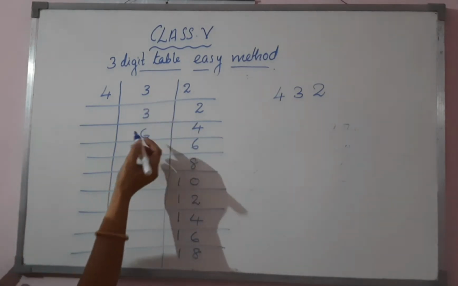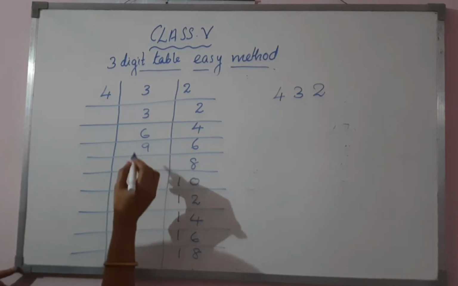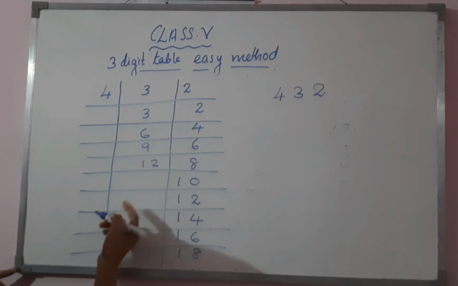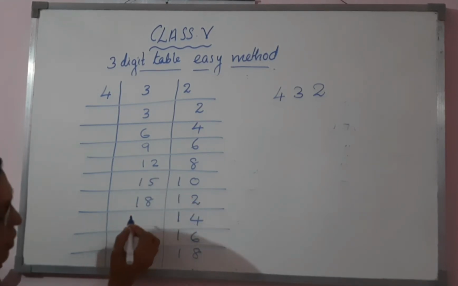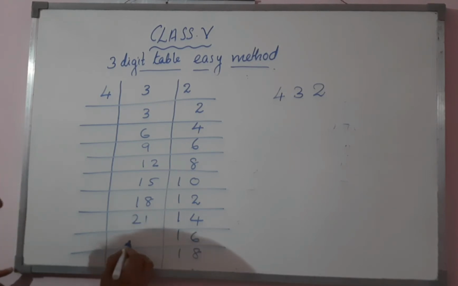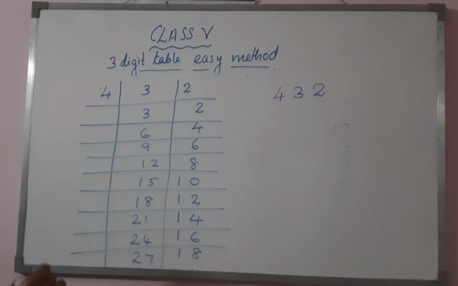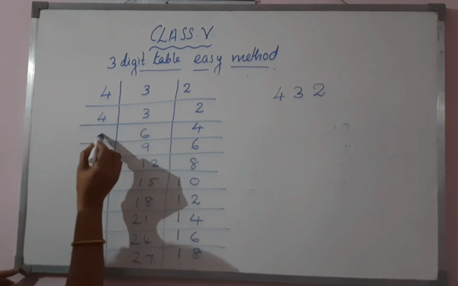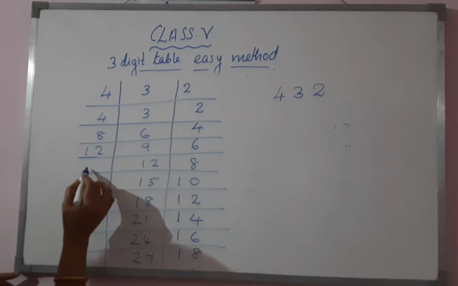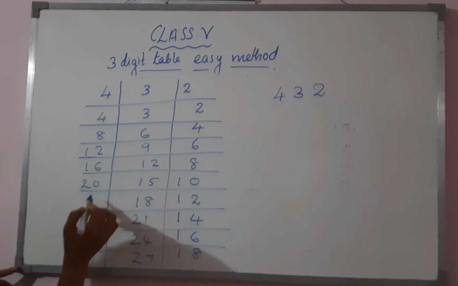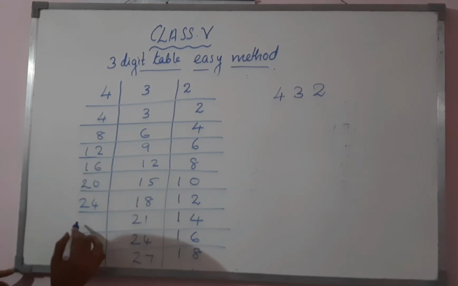Okay. 3 2s are 6, 3 3s are 9, 3 4s are 12, 3 5s are 15, 3 6s are 18, 3 7s are 21, 3 8s are 24 and 3 9s are 27. 4 table, 4 1s are 4, 4 2s are 8, 4 3s are 12, 4 4s are 16, 4 5s are 20, 4 6s are 24, 4 7s are 28, 4 8s are 32, 4 9s are 36.